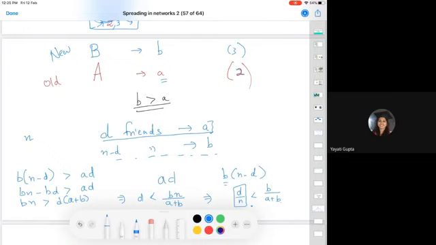And we can also write it in a different way.